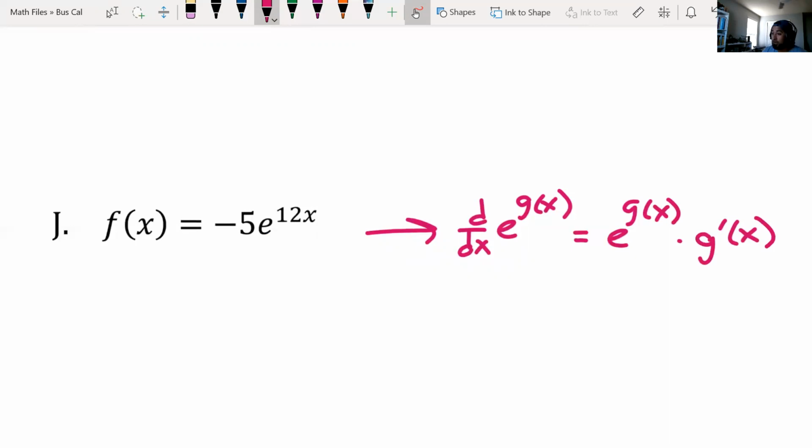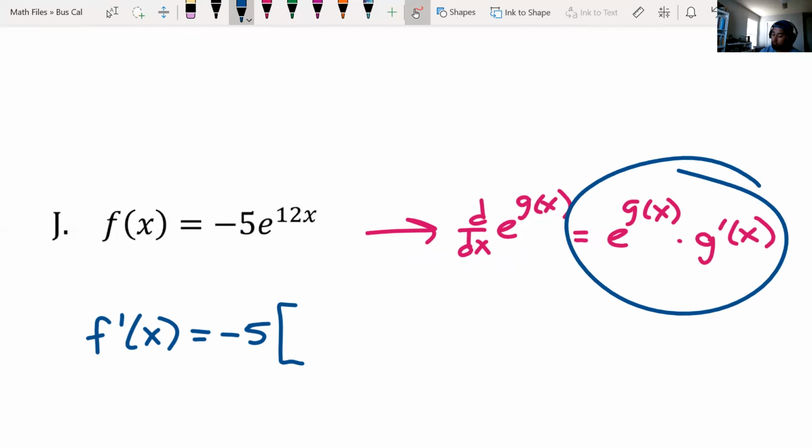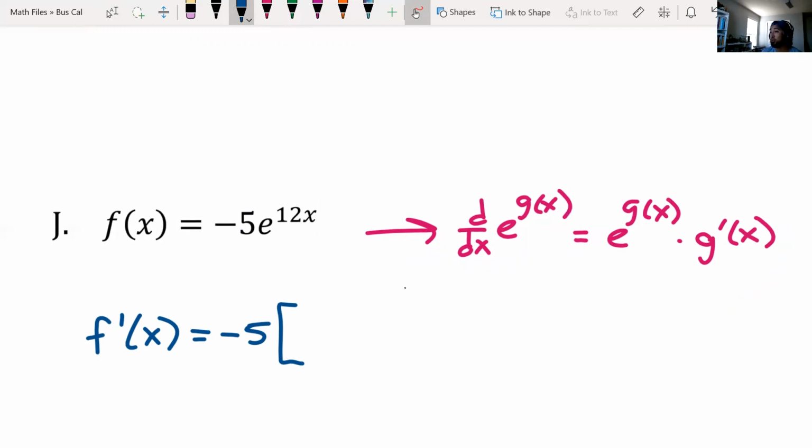So for our function here, I'll keep that -5 outside, and all we're looking at is the derivative of e to the 12x. Using this chain rule formula, the derivative of e to the 12x is still e to the 12x times the derivative of 12x. The derivative of 12x is just 12.